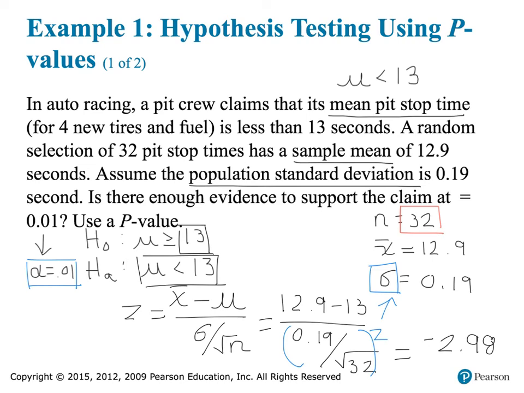Okay, so our fifth step is to find the area in that tail. So if I go to my table and I look up the area below negative 2.98, I do in fact find that the area there is 0.0014.